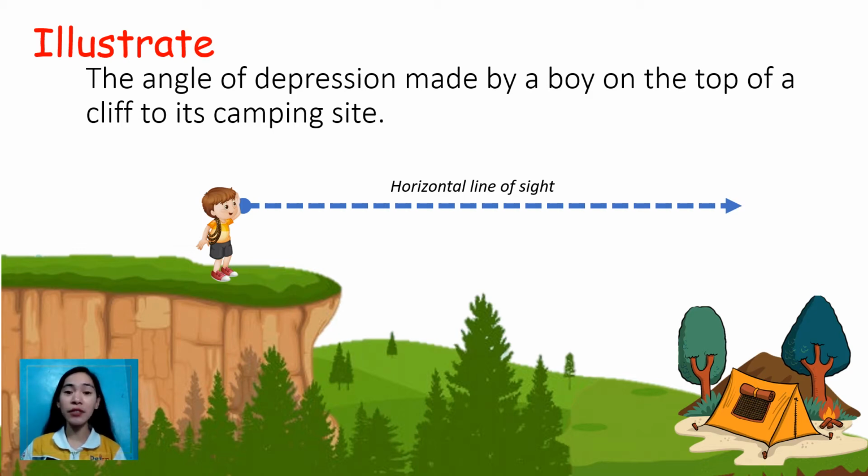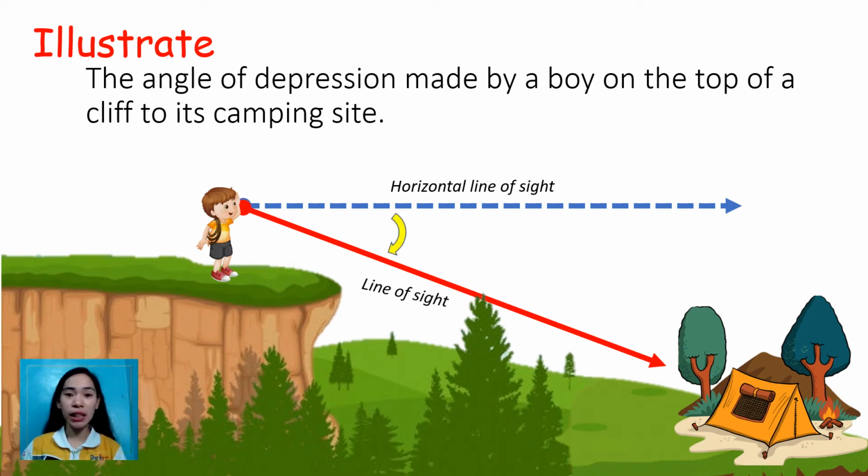Then the line of sight from the boy to the camping site. As you can see, the angle between the horizontal line of sight and the line of sight will be the angle of depression because the line of sight is in a downward direction. Therefore, this acute angle represents the angle of depression.